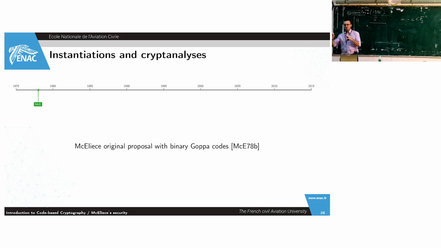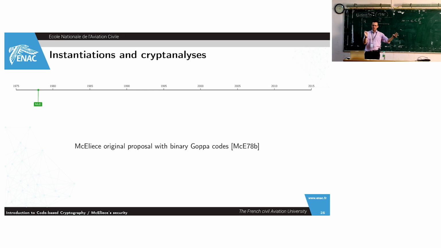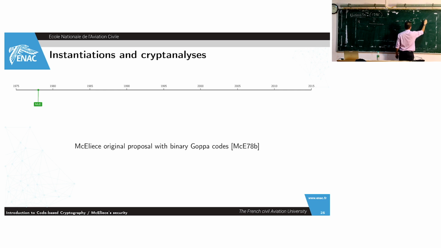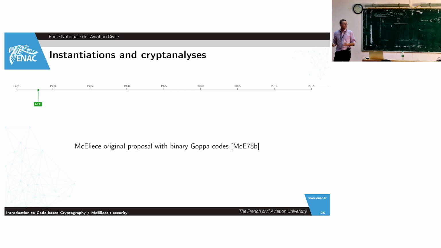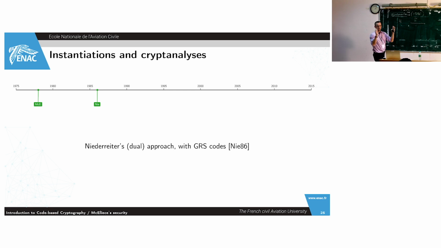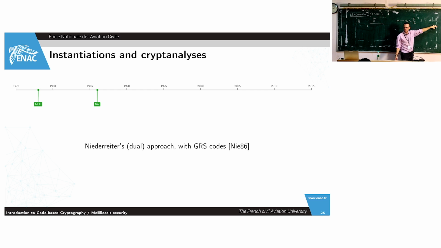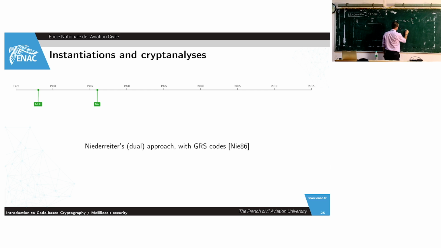So Bob has to map his message, which is K bits long, to an N bit long error such that the weight of E is equal to T. Okay? So in order to encrypt, Bob has to map a message M of K bits to a vector of N bits of weight exactly T. And then the ciphertext is simply the syndrome of the error.